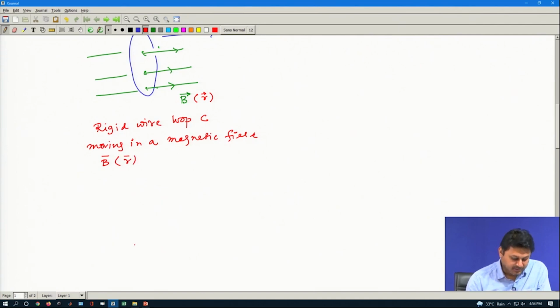So, it is moving. The question is, what will be the EMF?